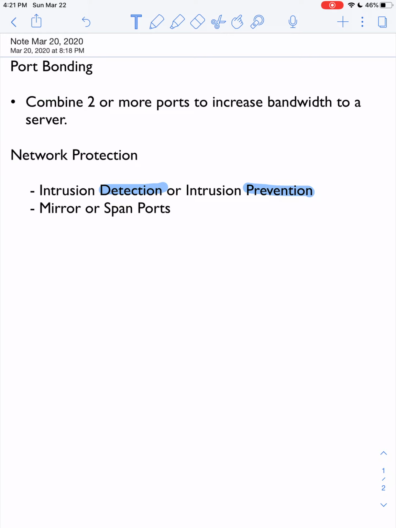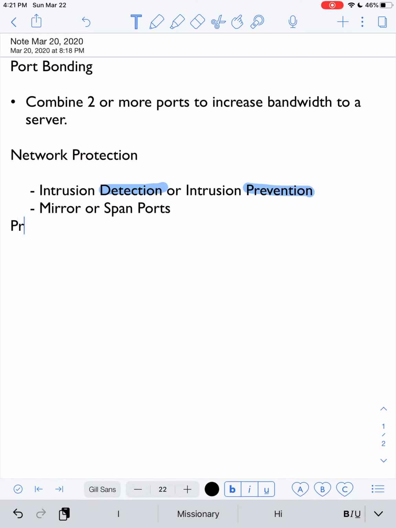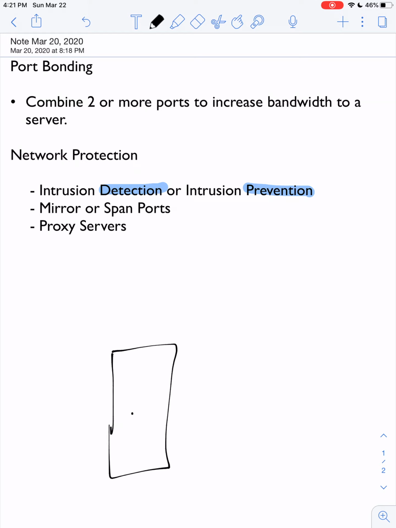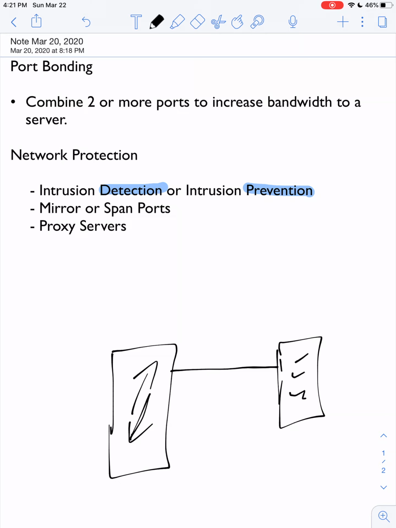They can act as proxy servers. Proxy servers are very similar to what we talked about before with content filters. So within a proxy server itself, again, we have a switch out here, and in that switch we have a device, could be a server, and we have a workstation that comes through and hits this switch.